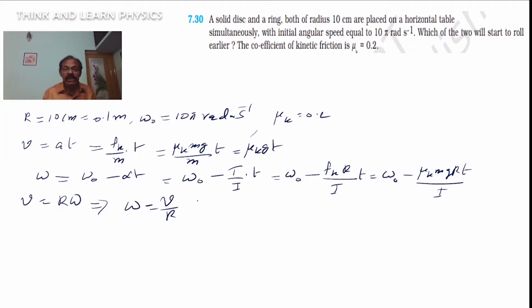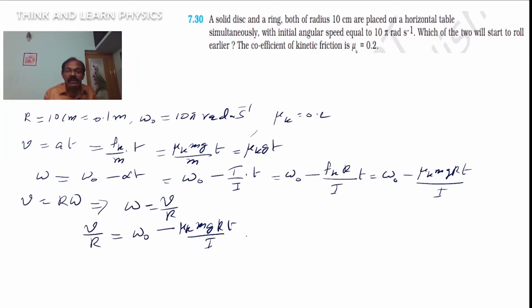Therefore the relation can be written as v divided by r equals omega naught minus mu k mg r t divided by I, but v is equal to mu k g t.